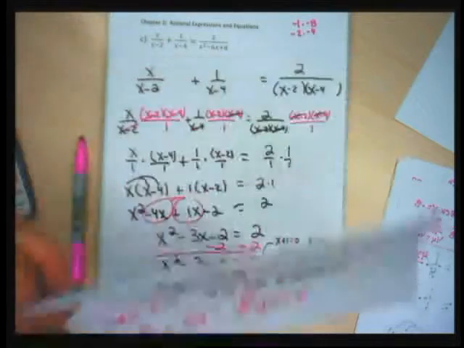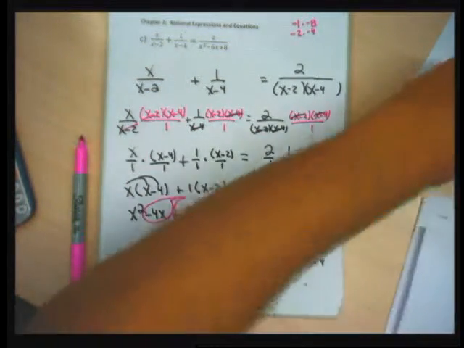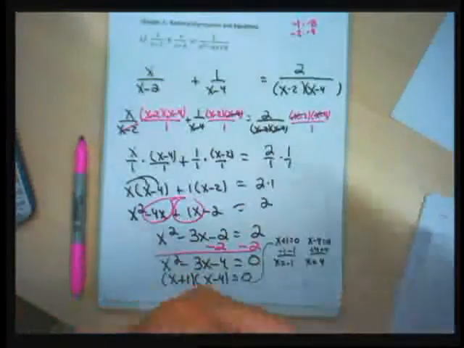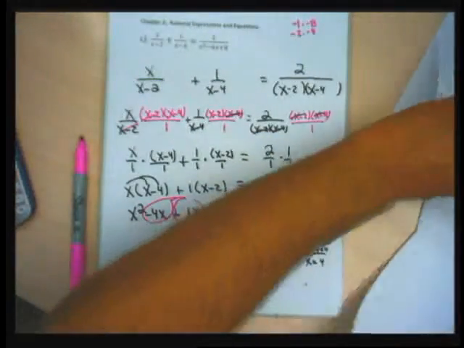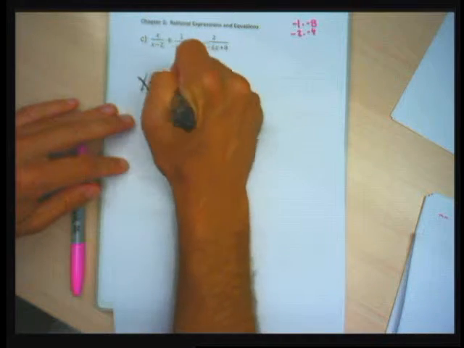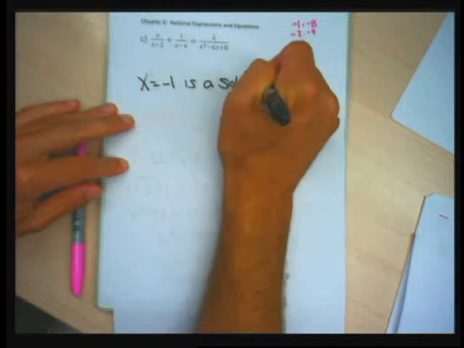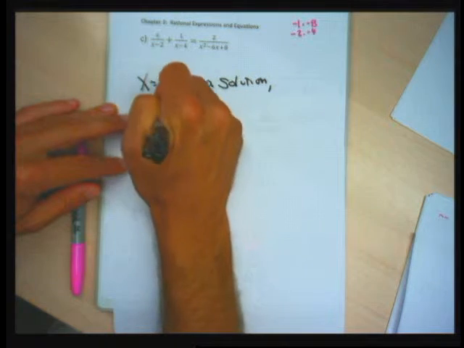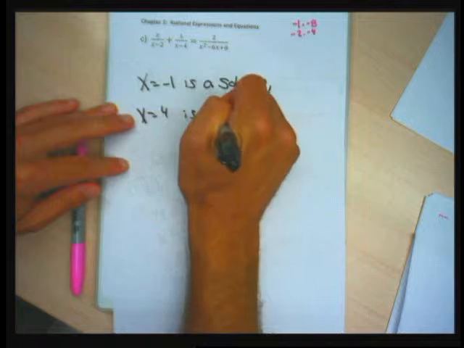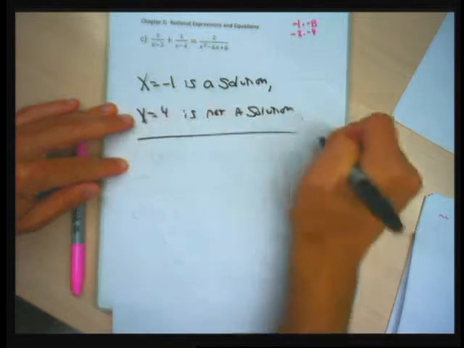If I was writing an answer for part C, I would do this. I would say x equal -1 is the only solution because it checks. So I'll say x equal -1 is a solution, but x equal 4 is not a solution. And that would be a nice way to write this answer.